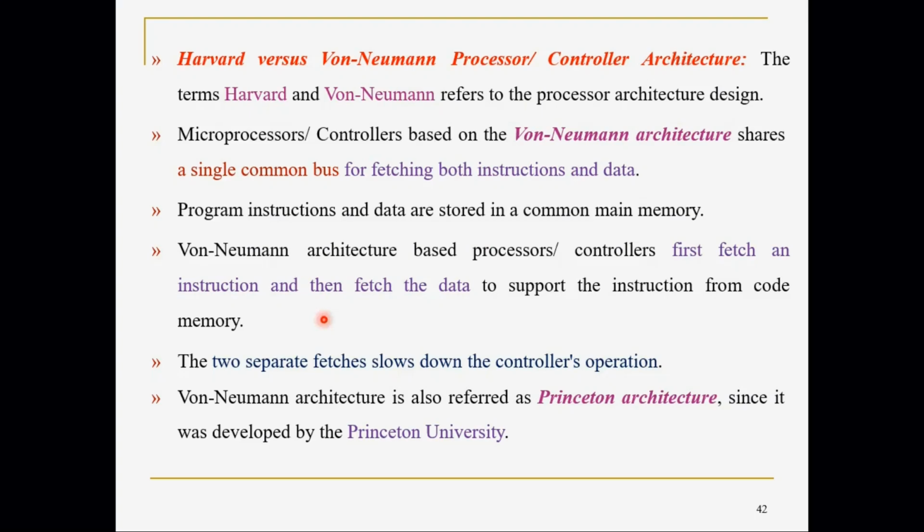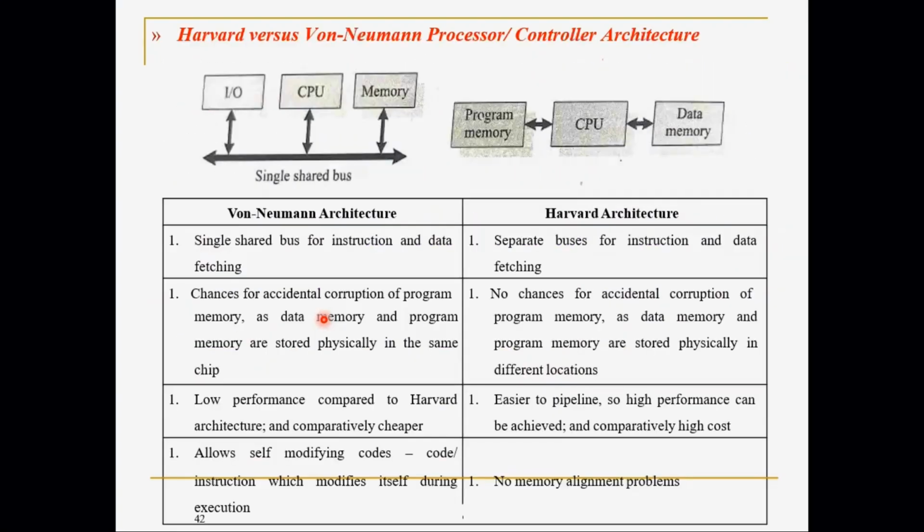You have studied this before, but there are some differences here. Mainly Harvard architecture concentrates on the memory, and von Neumann architecture concentrates on input and output. According to von Neumann architecture, the computer receives the input, then processes something and sends output to the user. Input, process, output. That is von Neumann. But Harvard architecture concentrates on memory.